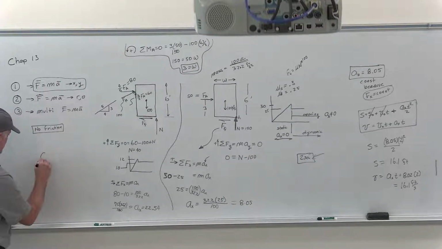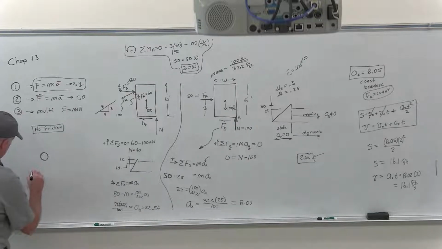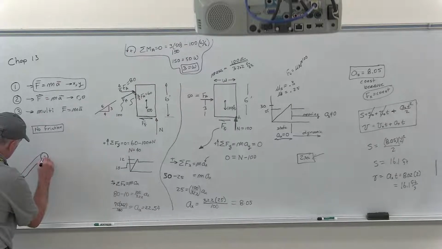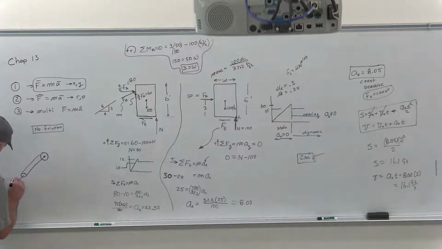So let's say you had a pulley, and I go down here, go over this, and connect back to here, and this is a pulley that's connected to a block. I think that all fits.